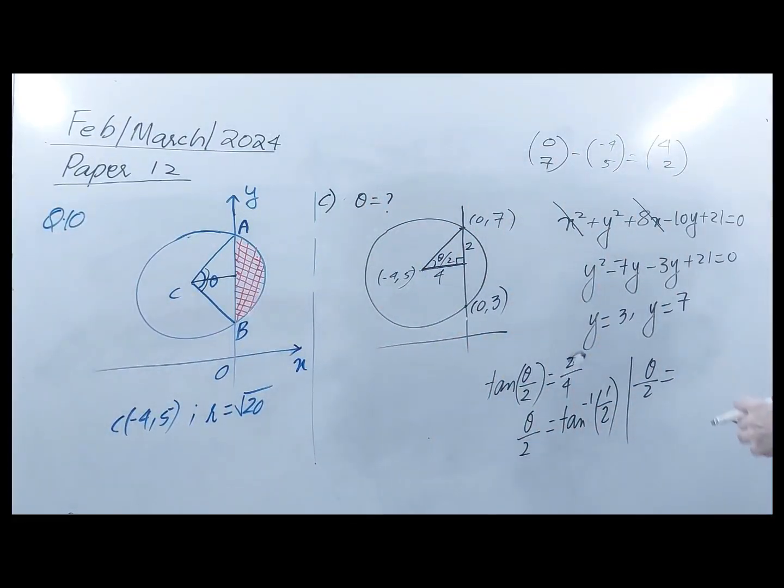So this would be shift tan inverse 0.5, which gives me 26.57. In fact, if I write it to one decimal place, this is 26.6. So theta would be 26.6 into 2. This gives me 53.1. This is the angle we are looking for. This is how you find the angle. I hope this is obvious. We move to the next part.